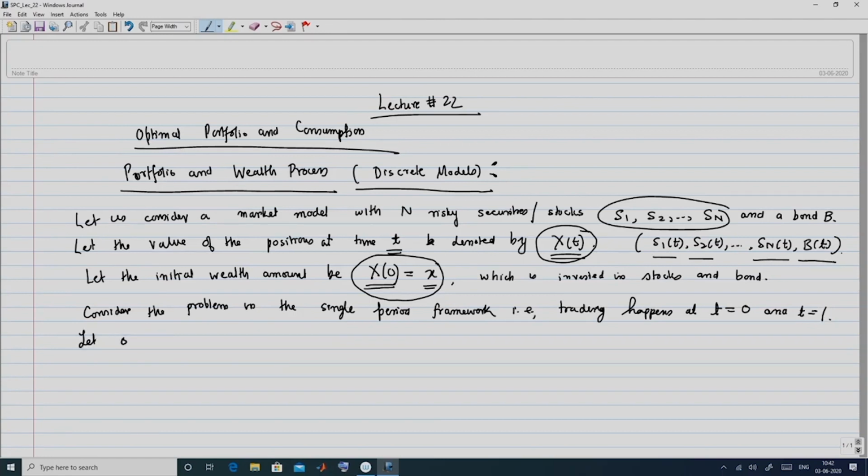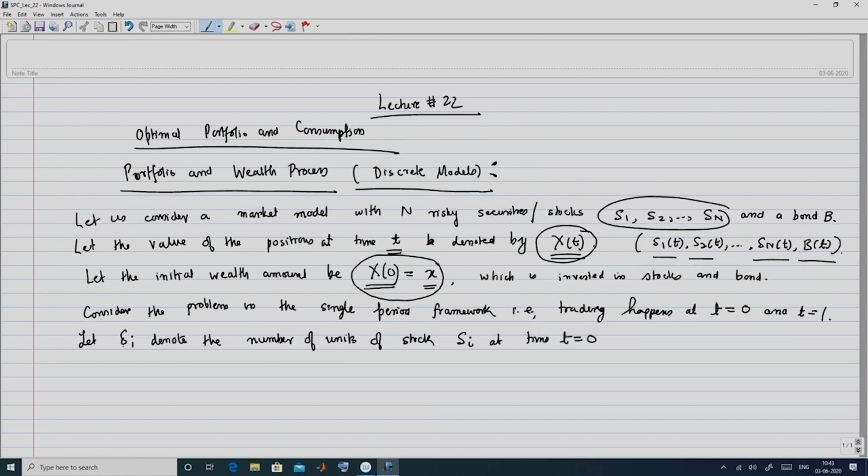Now, let delta i denote the number of units of stock Si at time t equal to 0.